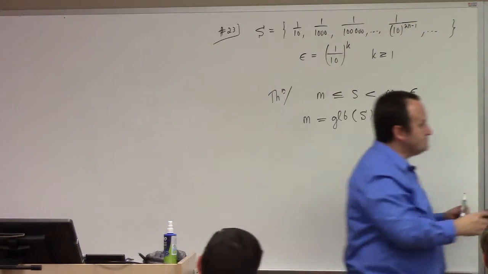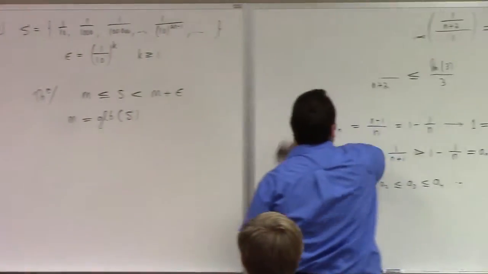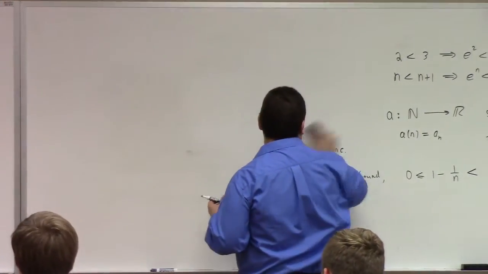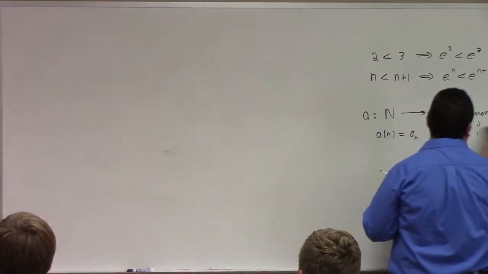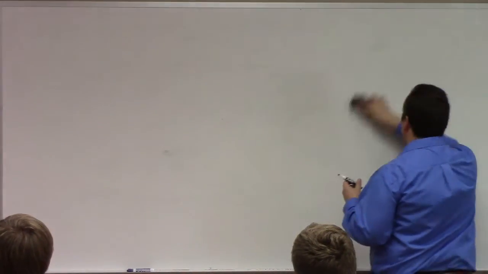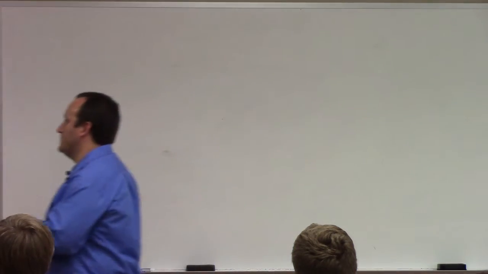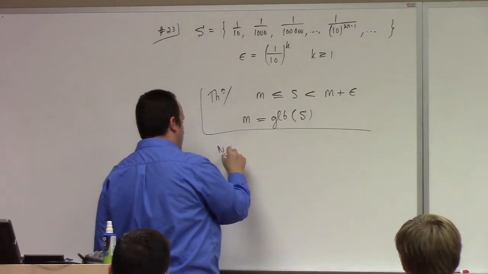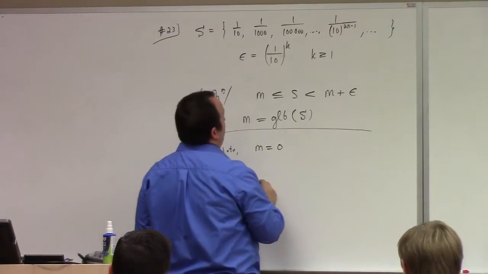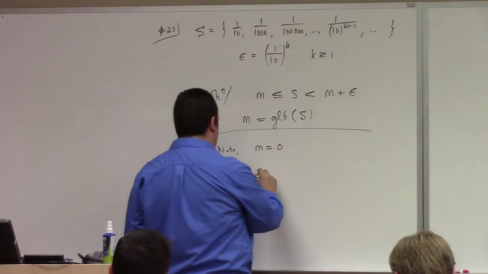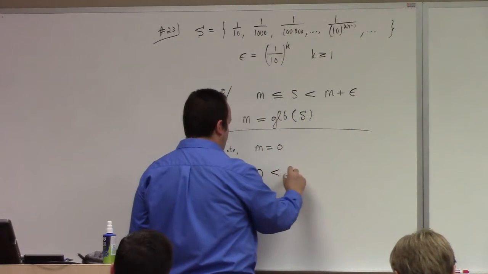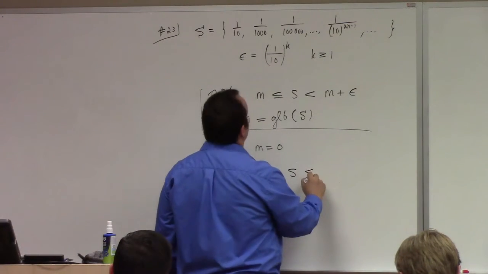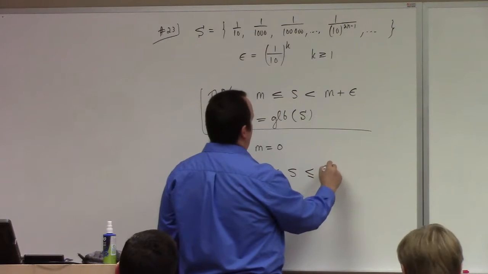So what are you trying to do here? First of all, what's the greatest lower bound of that set? Yeah, it's 0. So we identify m equals 0. What I'm really trying to solve is 0 less than s, less than or equal to 1/10 to the k.